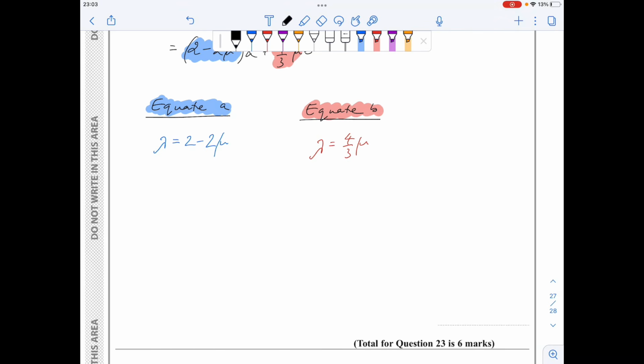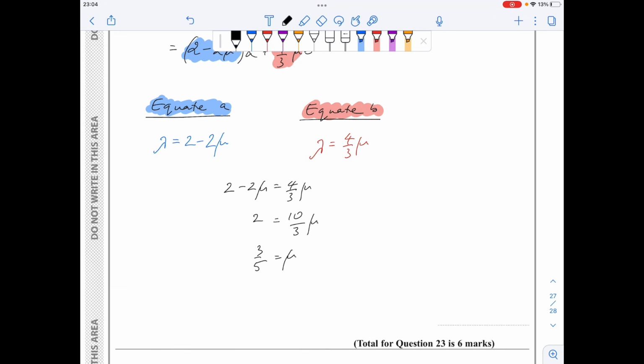I'll use substitution. So 2 minus 2 nu is equal to 4 over 3 nu. I'll take all the nu's on the right hand side. So 2 is 10 over 3 nu. So nu comes out to be 3 over 5.